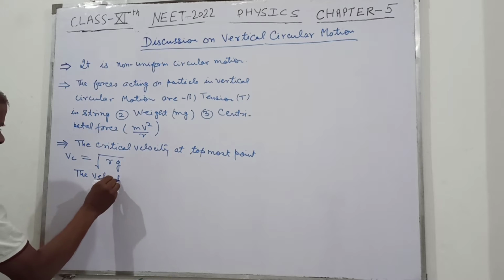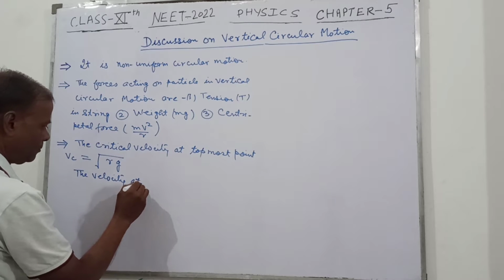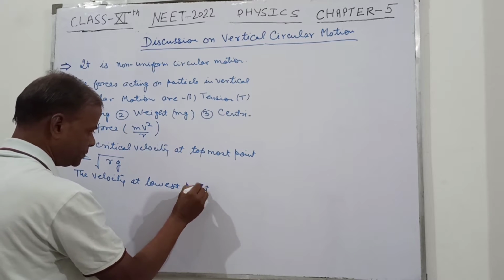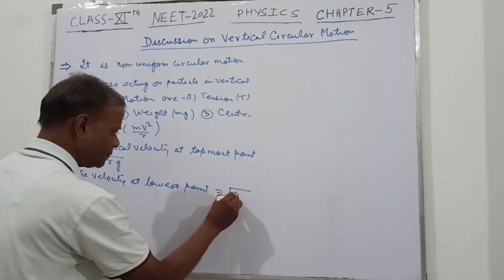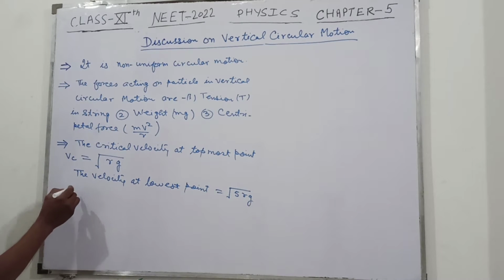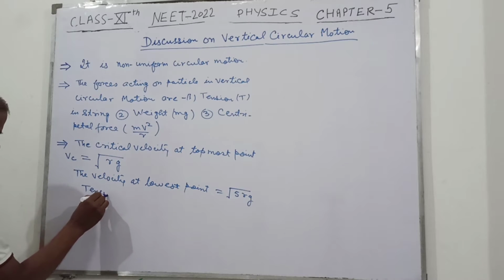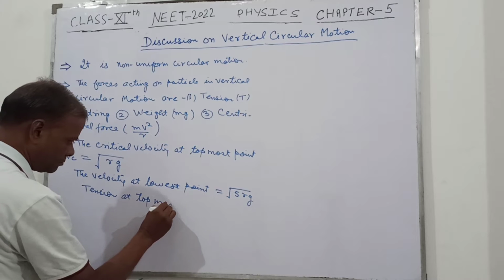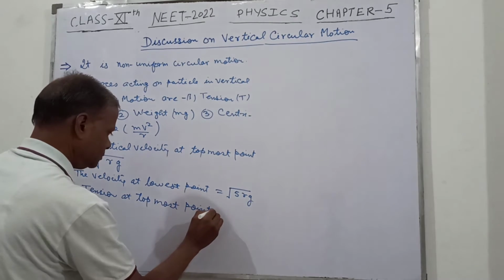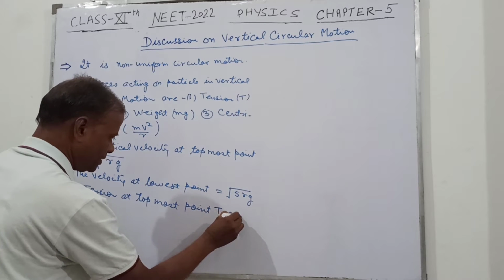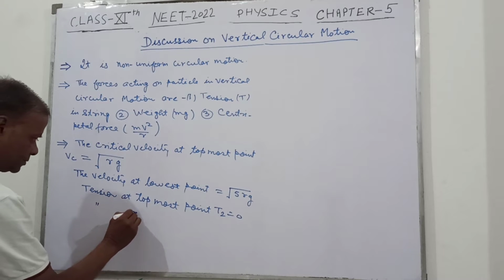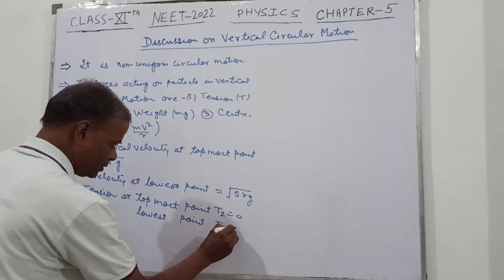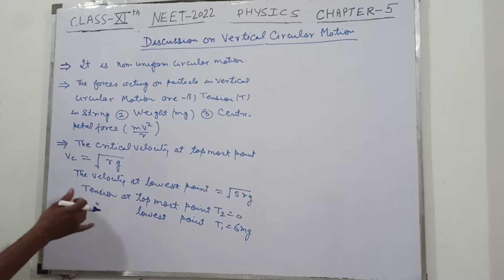The velocity at the lowest point is equal to square root of 5 rg, and the tension at the highest or topmost point, this is T2, is equal to 0, and the tension at the lowest point is T1, which is equal to 6 mg. This I have told you.